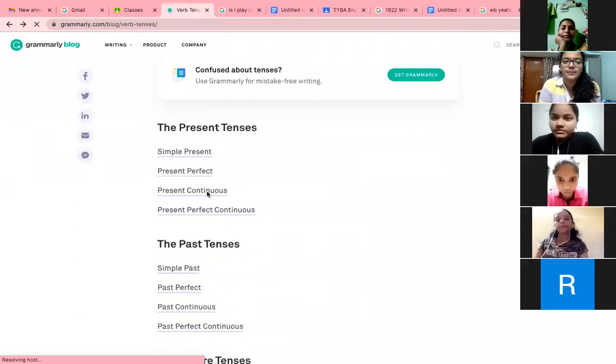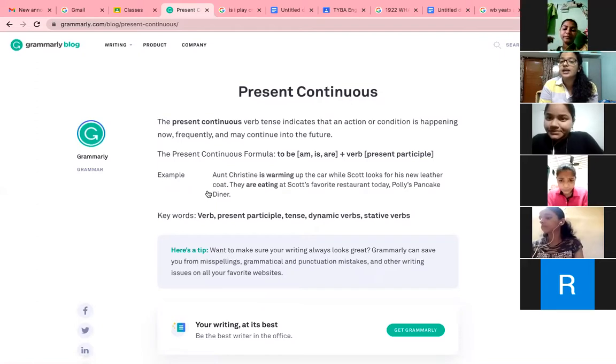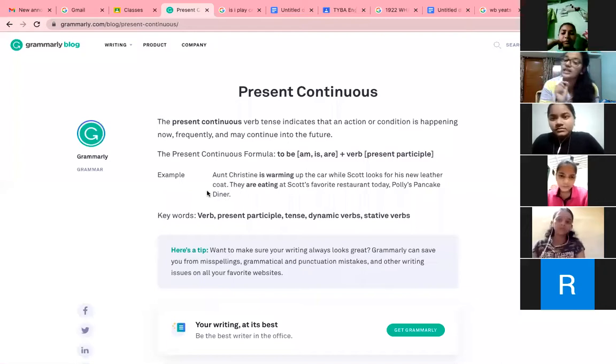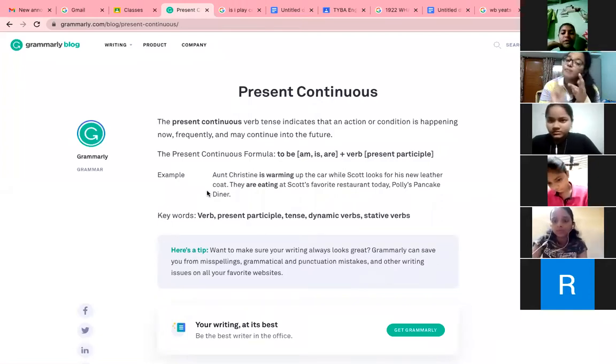All right. Present continuous. The present continuous verb tense indicates that an action or condition is happening now, frequently, and may continue in the future. What are the three things? Happening now, frequently, and may continue into the future.